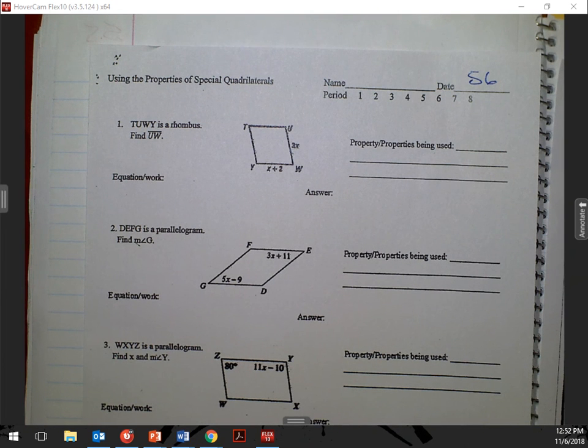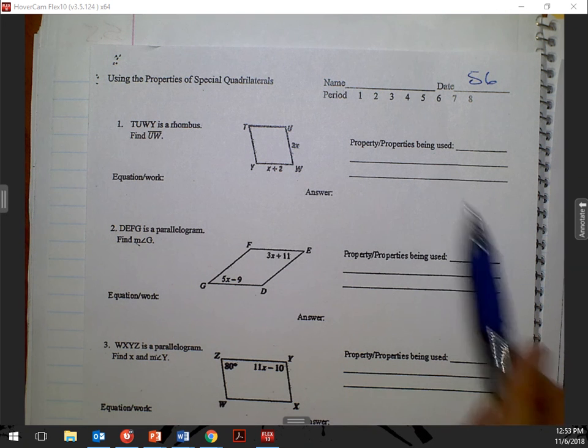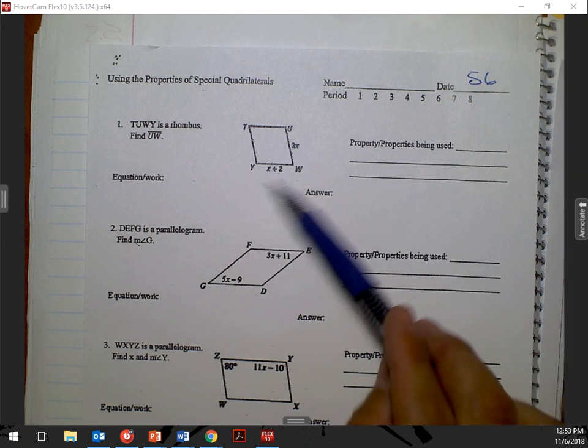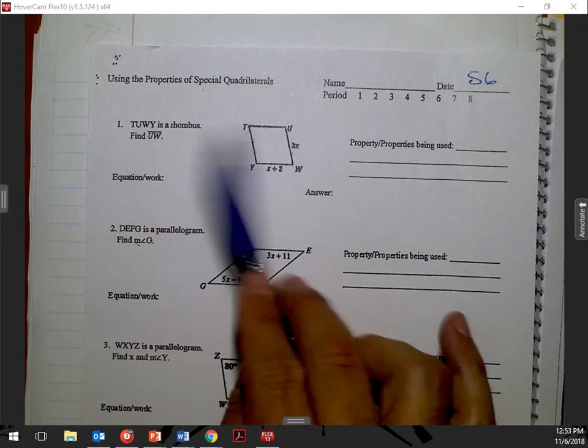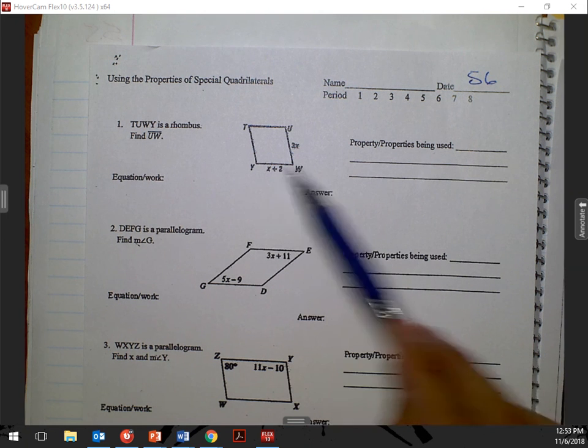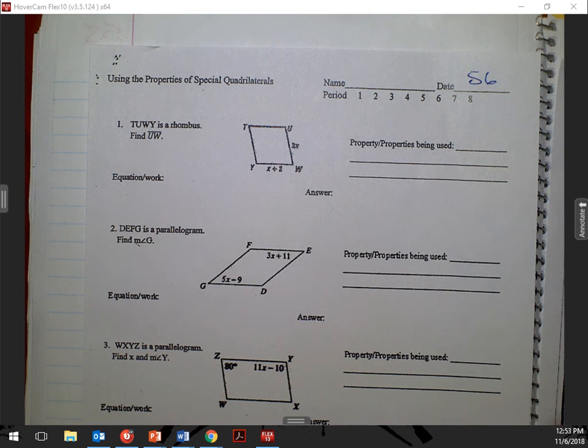So you guys are going to use this information right here. This first one, what shape is that? A rhombus. Okay, so I'm going to have to use the one from yesterday's stuff, right? Actually, all these ones are from yesterday.